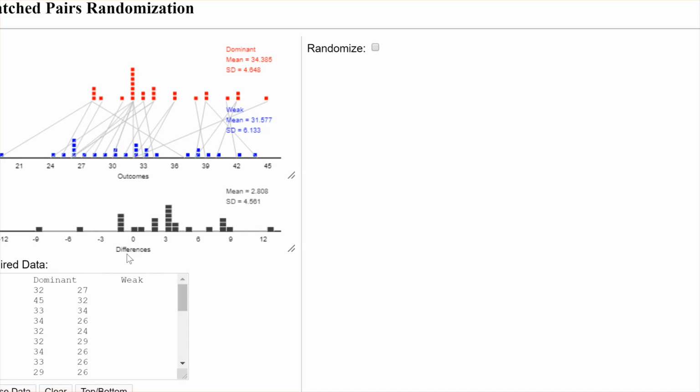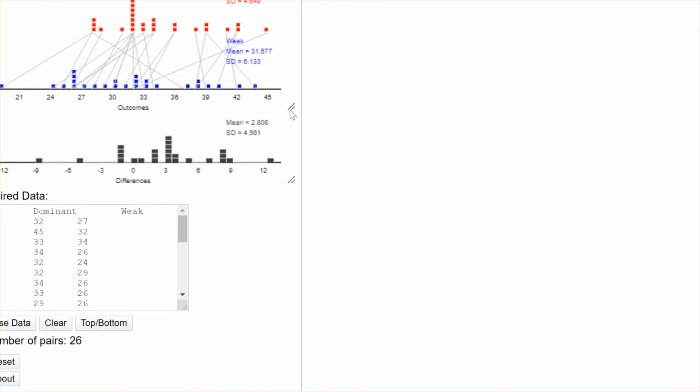This bottom graph right here you see is labeled differences. It visualizes the differences for the 26 students in a little histogram. And you can see that if we average out all these 26 differences, you get a sample mean difference of 2.8.